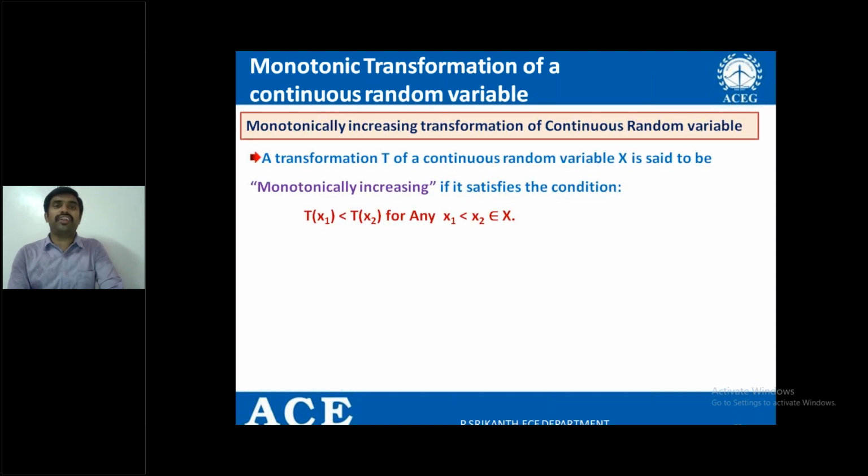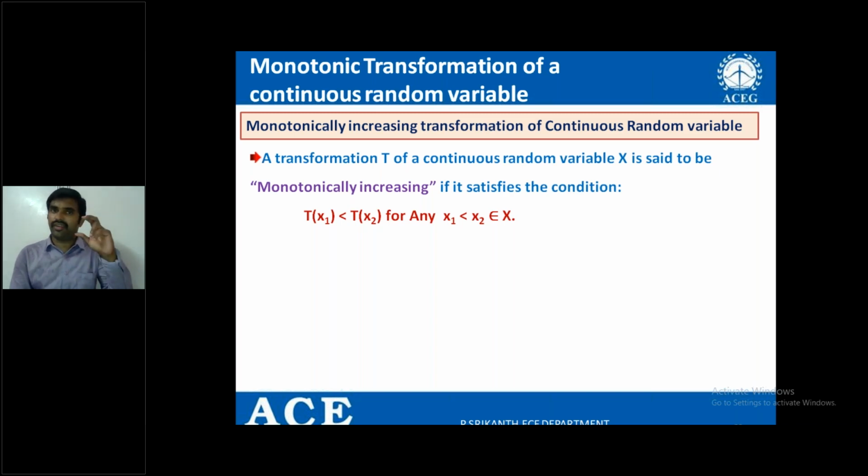A transformation T of a continuous random variable X is said to be monotonically increasing if it satisfies the condition. You can call the transformation monotonic if T of x1, the transformation of x1, is less than the transformation of x2, for any x1 less than x2, which are elements of the random variable X.